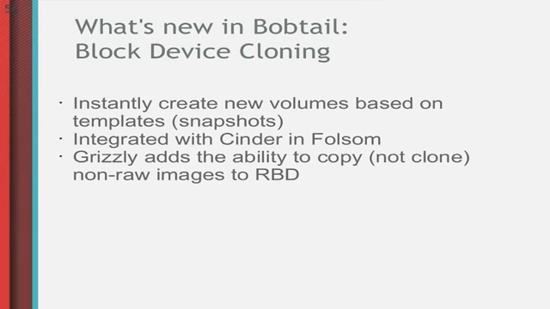It was integrated in Cinder with Folsom, and the ability to copy an image from Glance that's non-raw, that is, it's a QCOW2 or some other format, can now be converted into a raw format image, which is suitable for actual use by a virtual machine off of RBD in Grizzly.